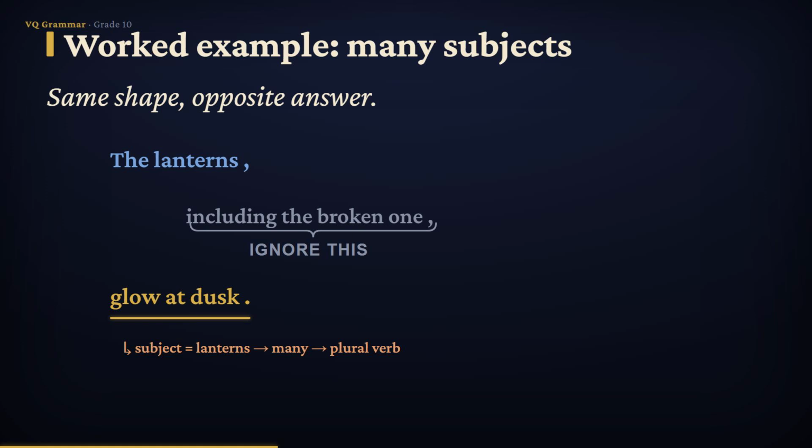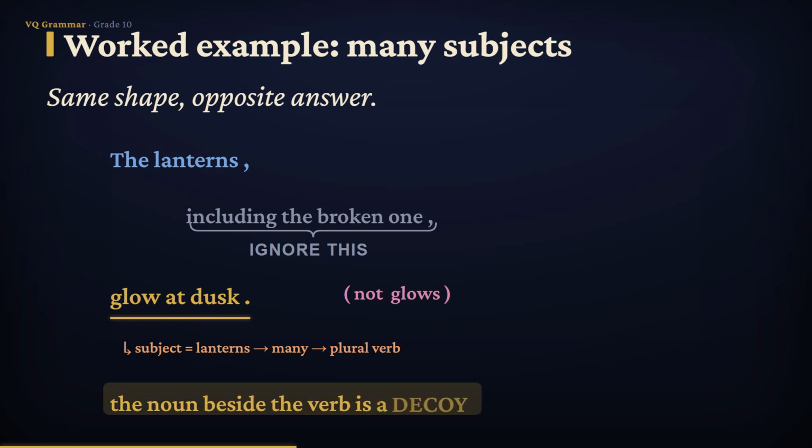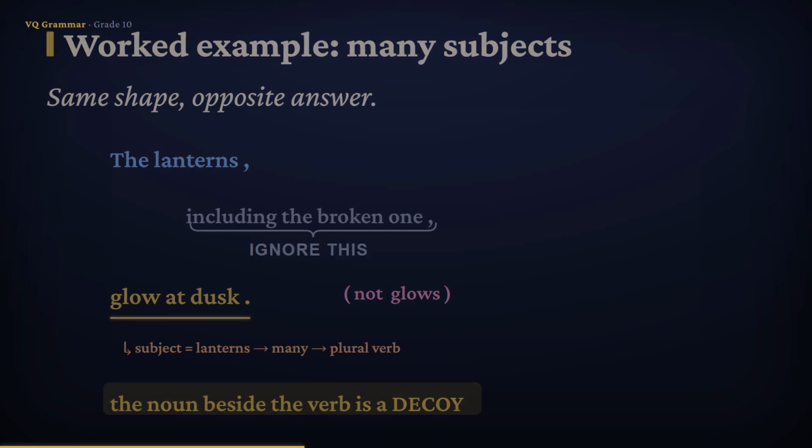And notice the decoy this time. The word sitting closest to the verb is one, the broken one, and one sounds beautifully singular, so your ear whispers glows. Do not listen to it. The noun beside the verb is a decoy. The subject is back at the front of the sentence, waiting for you.